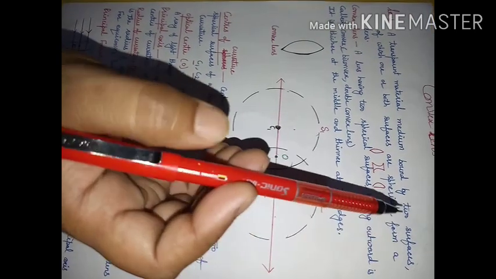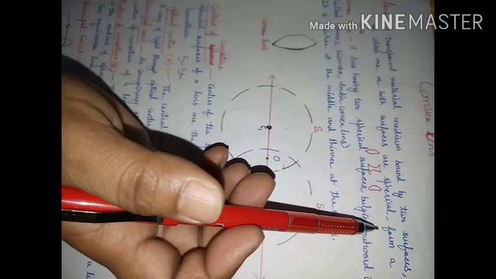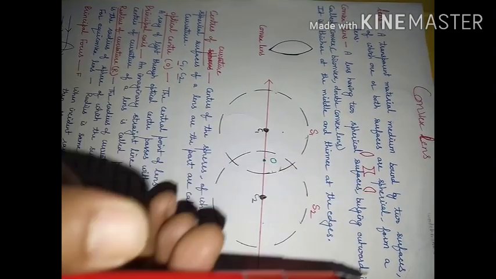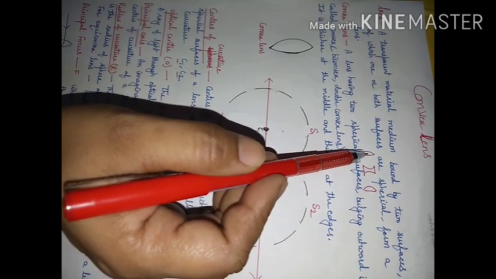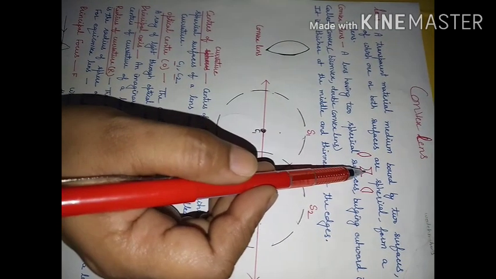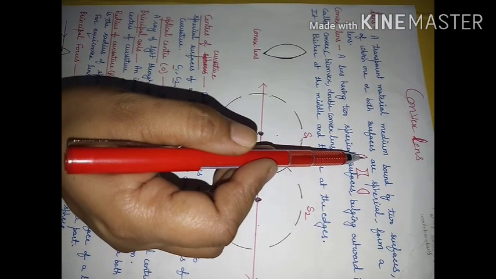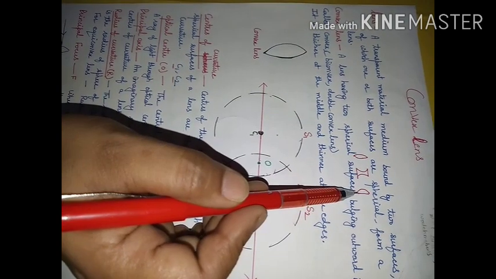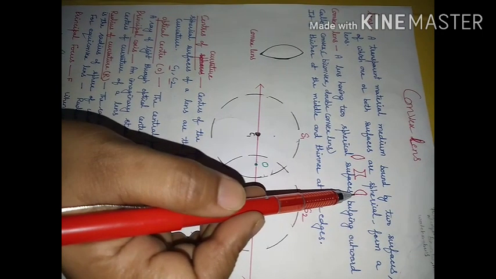Now these two surfaces can both be spherical, or one can be spherical. It means the shape of your lens can be like this, or like this. In this case, both are spherical. But in this case, one is plane and one is spherical.